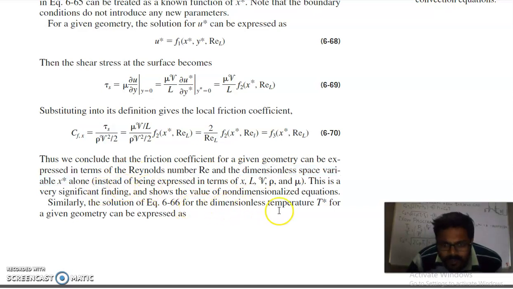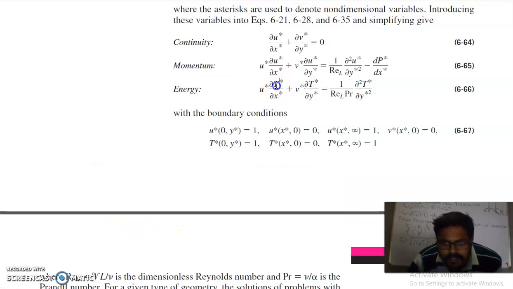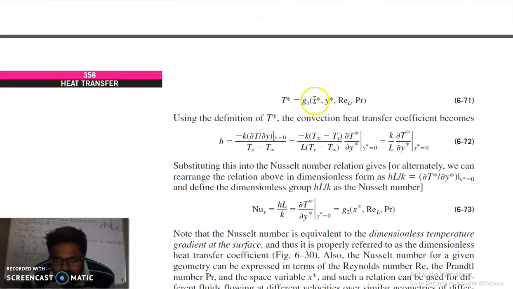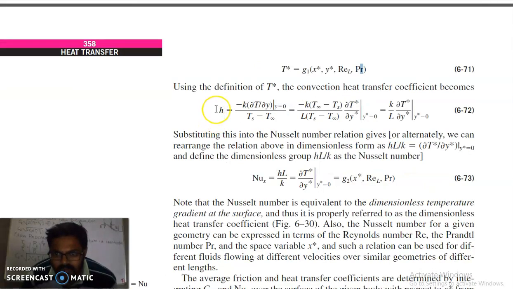Also, the dimensionless temperature T star for the given geometry can be expressed. From this equation, T star can be expressed as G1. It is a function of x star, y star, Reynolds and Prandtl number. We know that the convection heat transfer coefficient h is this. You can replace this T and y with the dimensionless form.